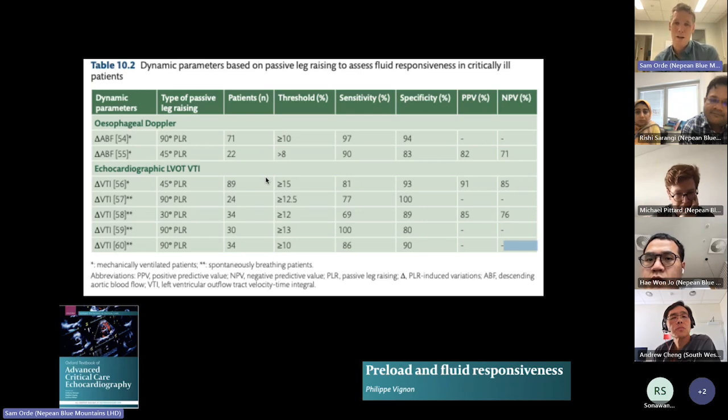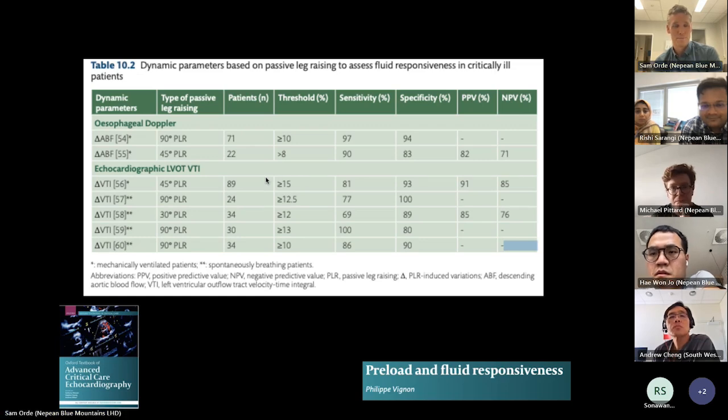I don't mean to bag it out too much, but I just find it's not quite as easy as all of this puts across. But you need to know about it because this is where the most evidence comes from for fluid responsiveness. If you're doing the EDEC, they absolutely expect you to know this because the authors are the guys writing the papers.